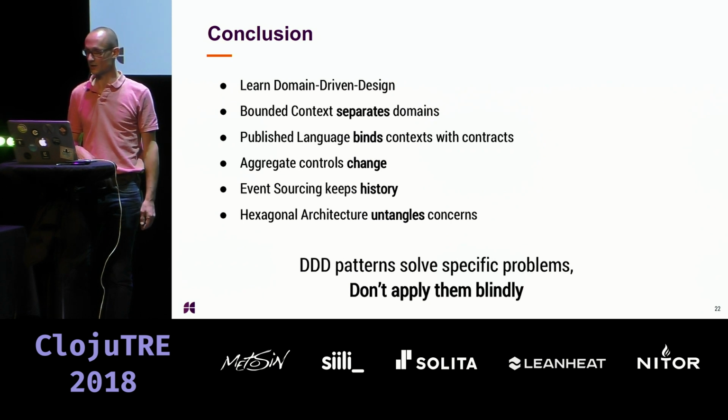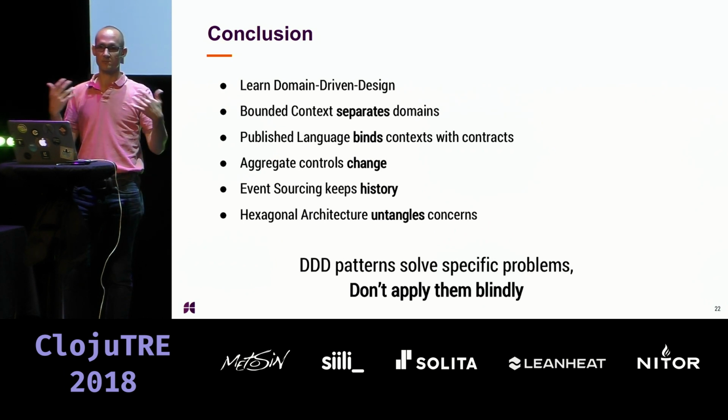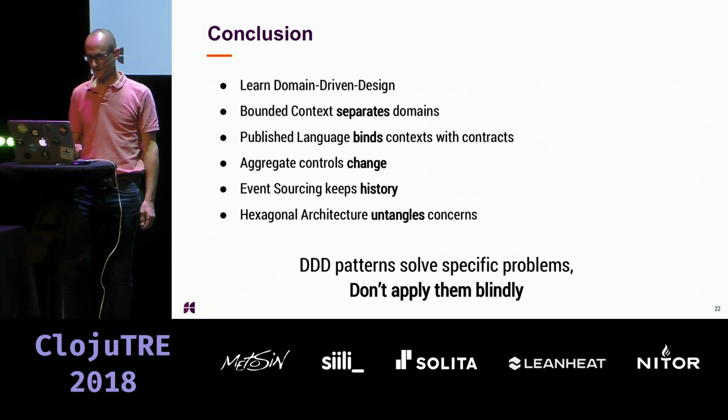Aggregate controls the change, and event sourcing keeps the history. Hexagonal architecture is about separation of concerns. Remember that these DDD patterns solve specific problems, so try not to turn that into a kind of pattern frenzy, okay? Just don't apply them blindly.